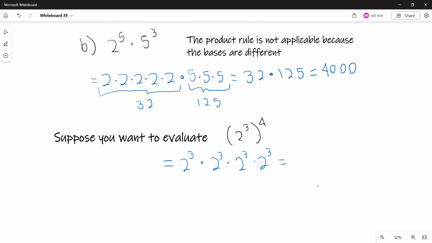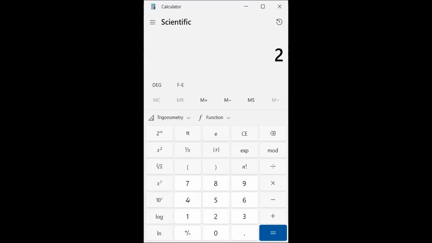And according to the product rule, this is 2 to the 3 plus 3 plus 3 plus 3. At the end, this is the same as 2 to the 3 times 4. That's 2 to the 12th power. If you evaluate this on a calculator, that's going to be 4,096.